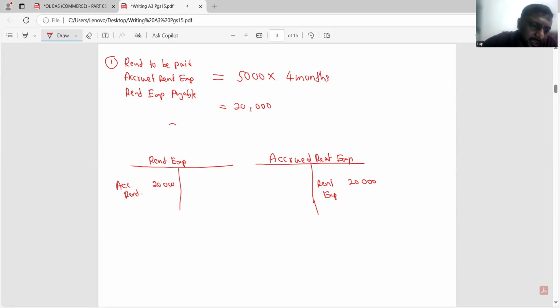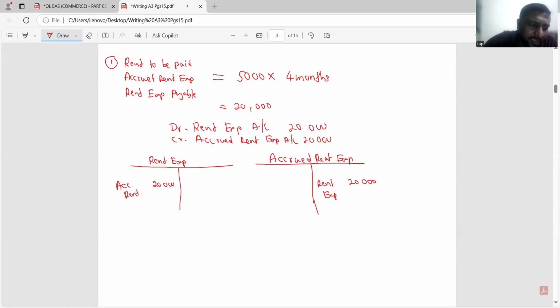Then the journal entry: debit the rent expense account, 20,000. Credit the accrued rent expense account, 20,000.